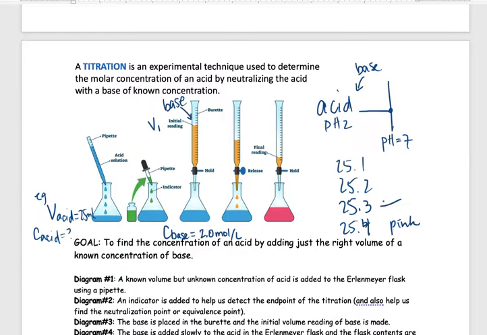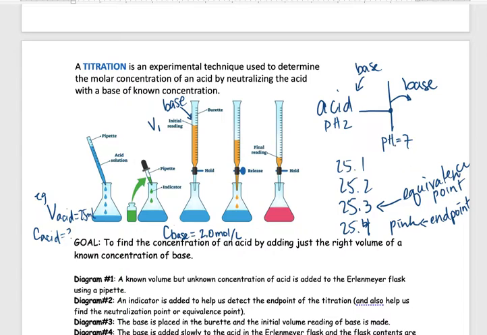So this is the important volume, the one drop before it went pink. This is where the equivalence point is. It's the one drop before it goes pink, and this is the end point. We've gone into basic land, because now you've gone over and it's showing as basic.